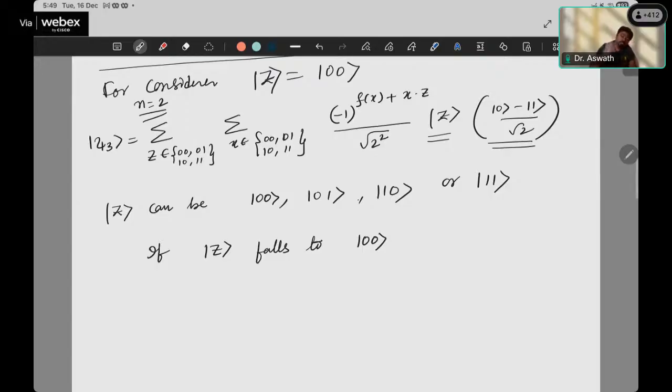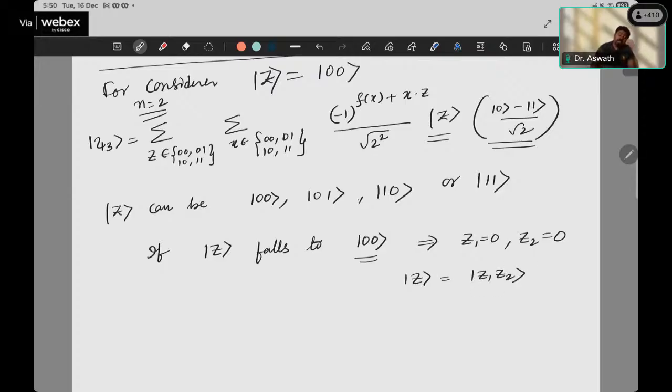Let's say she measures only the query part. She just sees what is the query which I got back. If it exists in 00, what does 00 mean? It implies z1 is 0, z2 is 0. My z is in fact z1 z2.